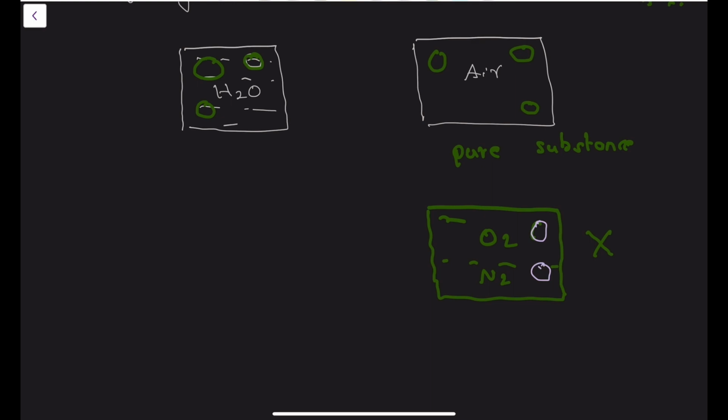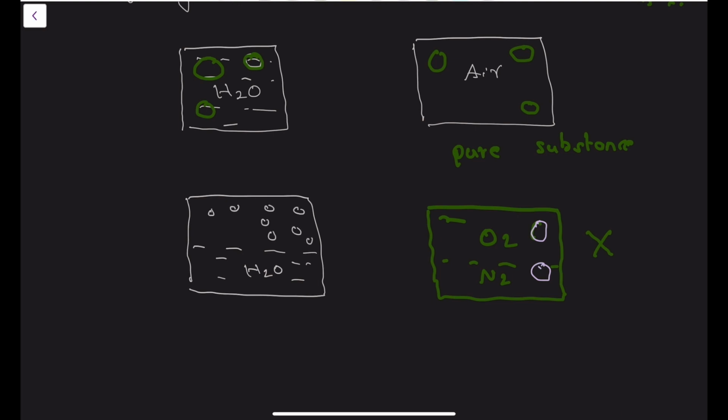Let us look at another example. Here it is H2O, liquid water and its vapor.